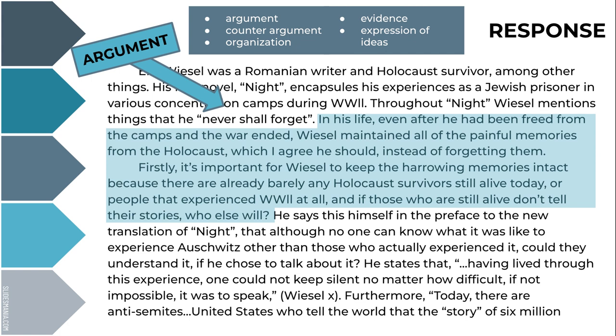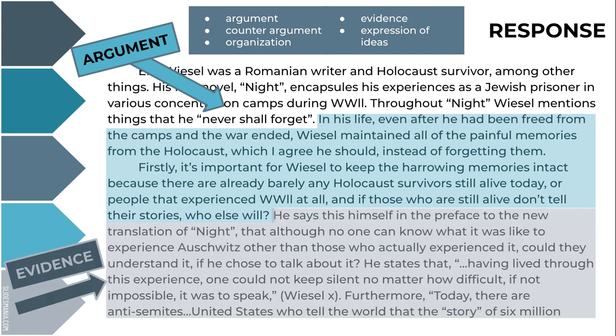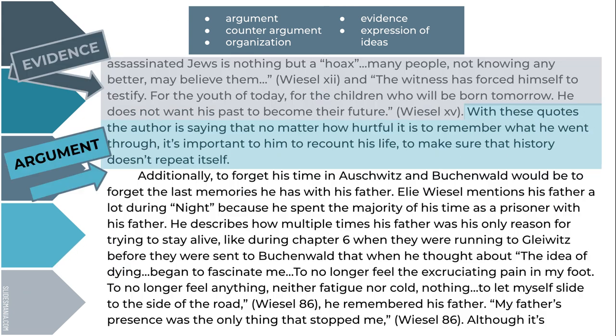And when we go on, there's his evidence supporting his argument, which continues on to the next page. And he even comes back after his evidence and states his claim again, supporting what he said at the beginning of his essay. This next paragraph starts with "additionally," and he states more of his argument and supports it with evidence.